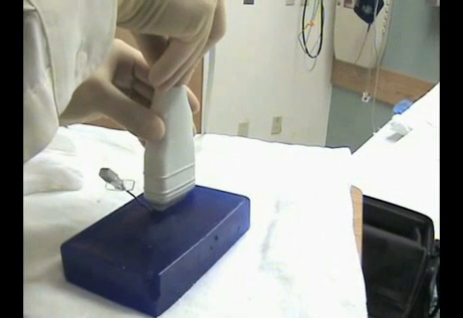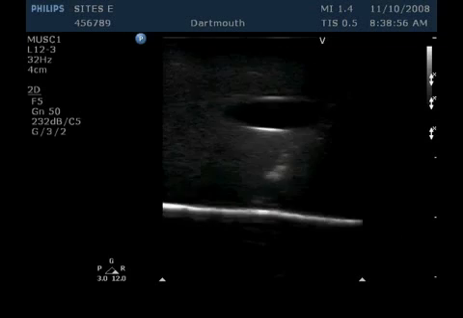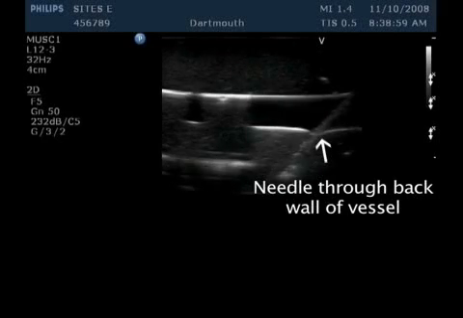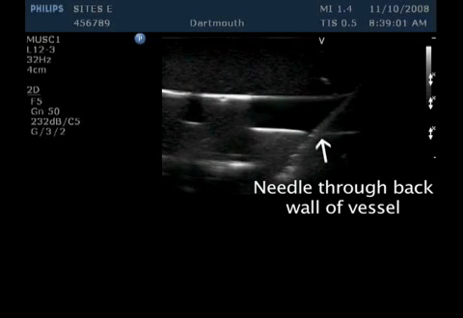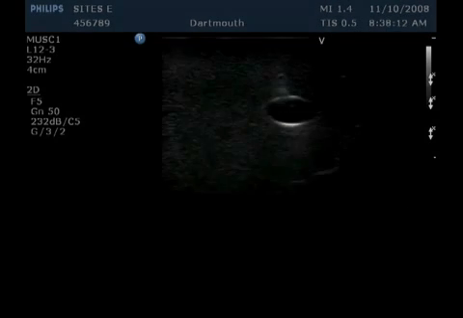However, when the transducer is turned 90 degrees to image the vein in its long axis, we discover a problem. The needle has traveled through the back wall of the blood vessel. This was not apparent on the original short-axis view of the simulated blood vessel using the out-of-plane technique.